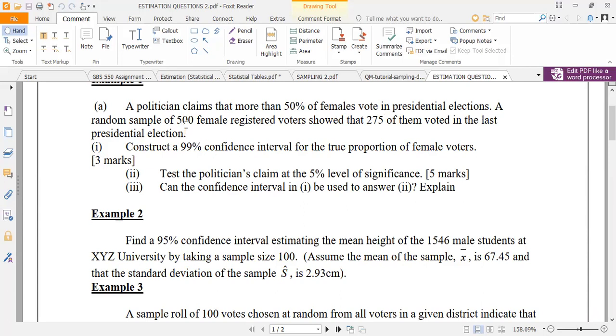A sample of 500 female registered voters showed that 275 of them voted. So there's a big population, which is 500, and a small population, which is 275. When you divide the small population by the bigger population, you get a proportion, P. So what is 275 divided by 500?